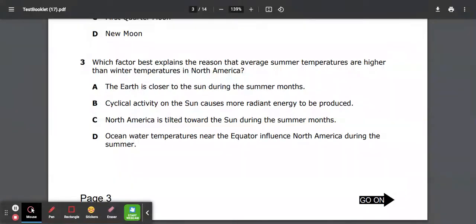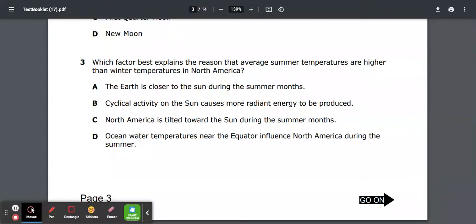B, cyclical activities on the sun cause more radiant energy to be produced. That's not true. C says North America is tilted towards the sun during the summer months. Well, that is true. So I would not pick that answer right away, though. Put a star or something. I want to make sure that I read all of my answer choices first.